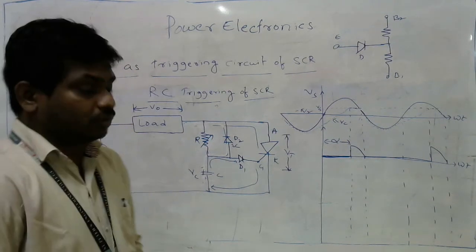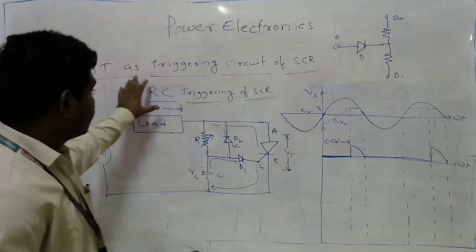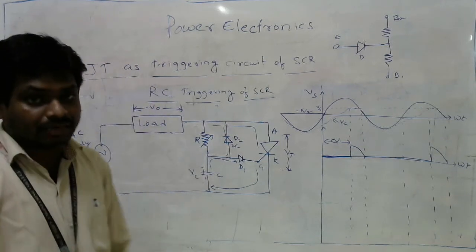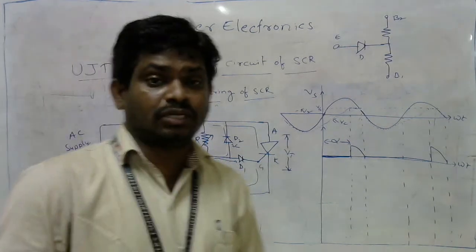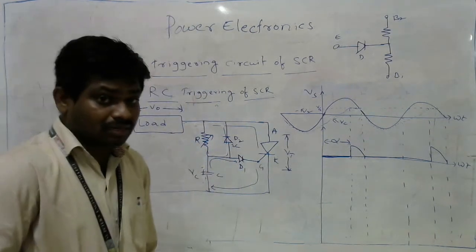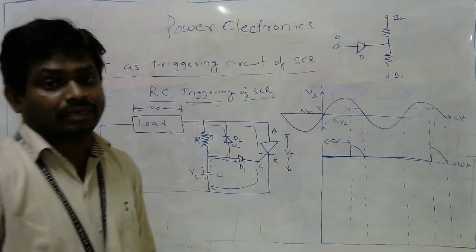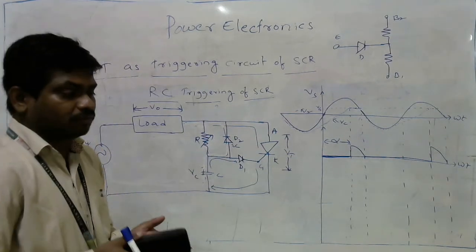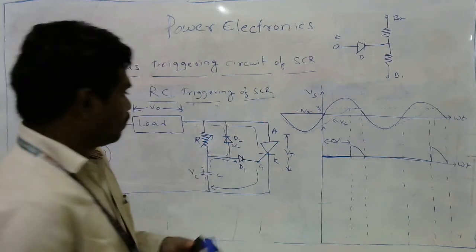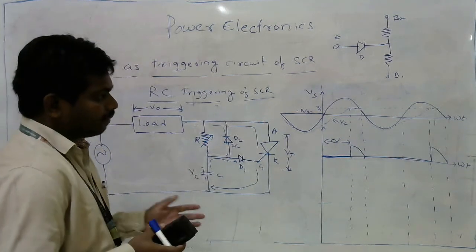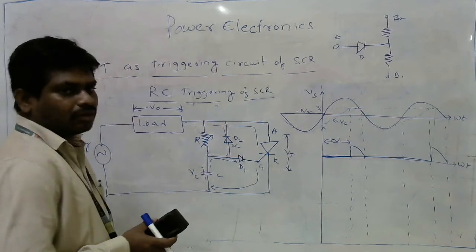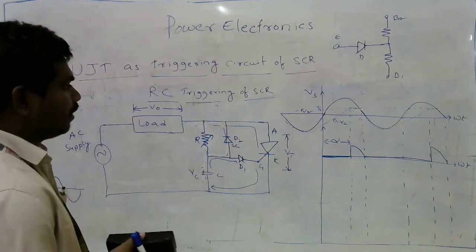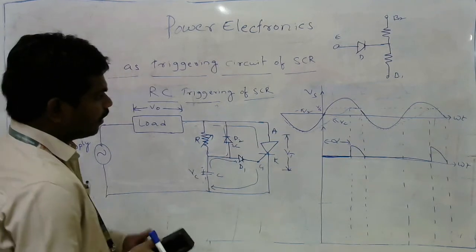So we have to pick based on the circuit that they asked. If it is an R triggering circuit of SCR, alpha varies from 0 to 90 degrees. If it is an RC circuit, then immediately go for 0 to 180 degrees. This knowledge is required before going for different competitive exams. After completing the BTech, you are going to write competitive exams to get government jobs. Particularly, it is very much needed for electrical engineering. We'll see next.